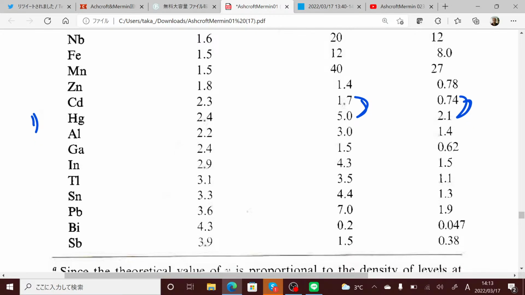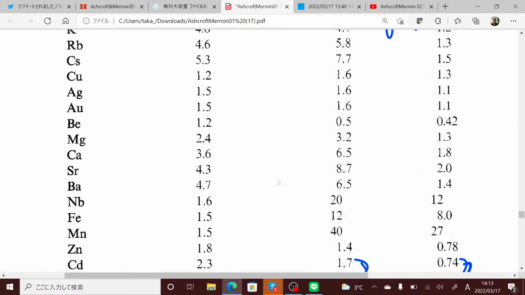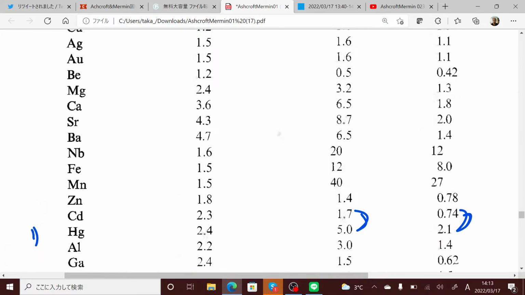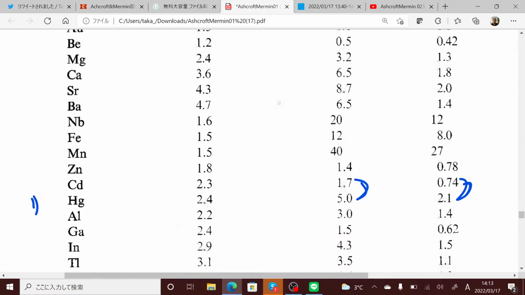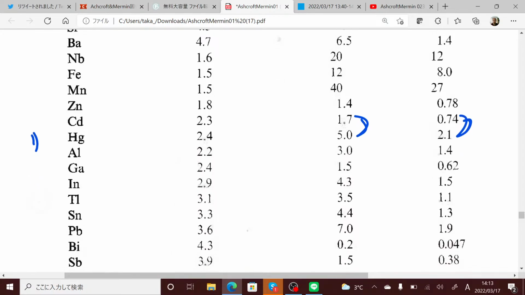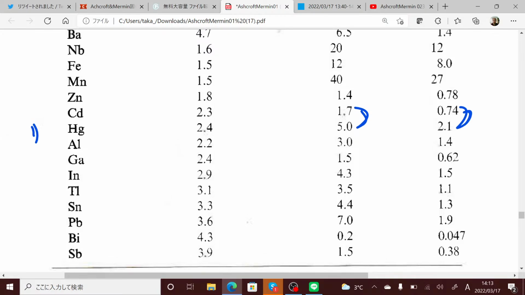Bismuth is very light. Magnesium is very heavy. Interesting. Bismuth is light. Antimony is also.